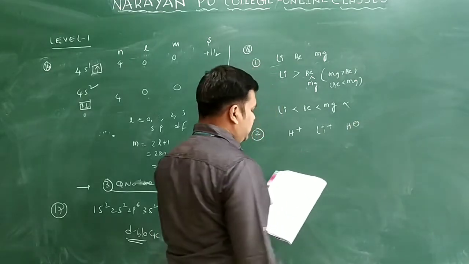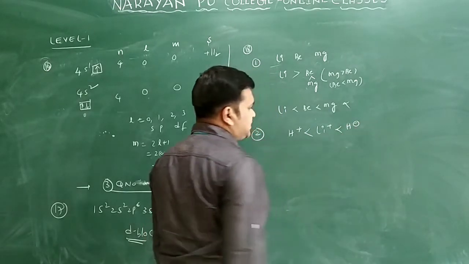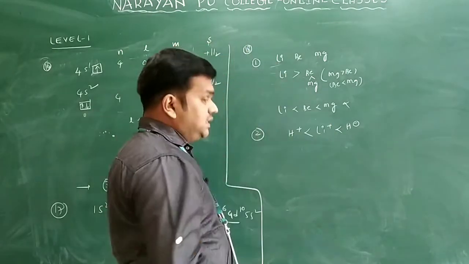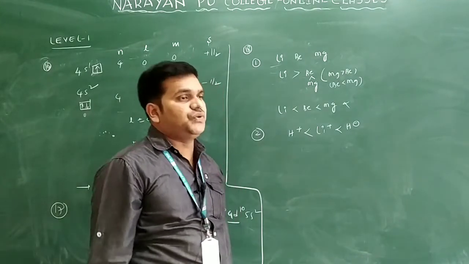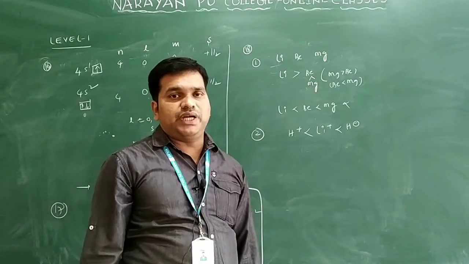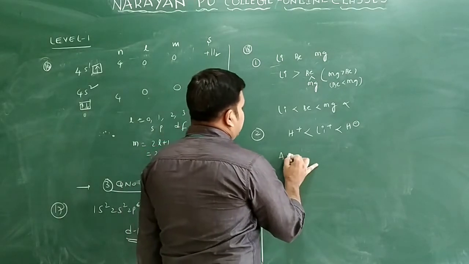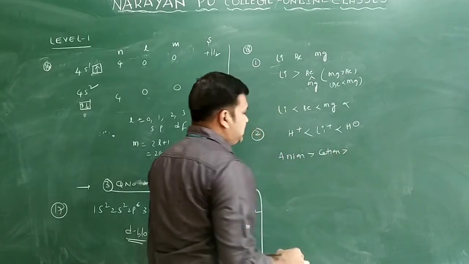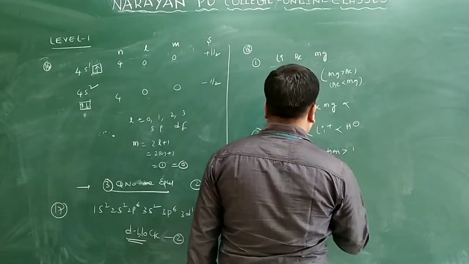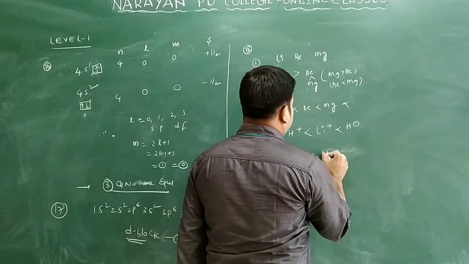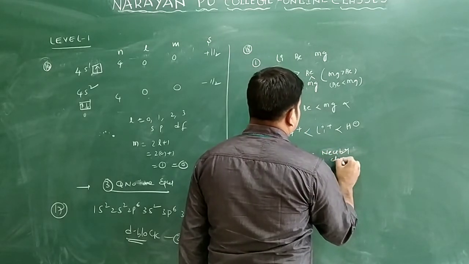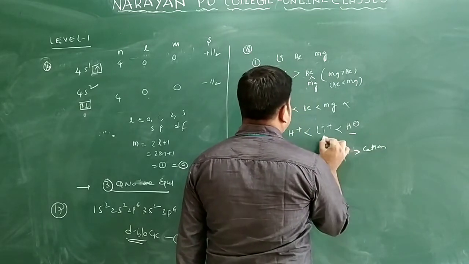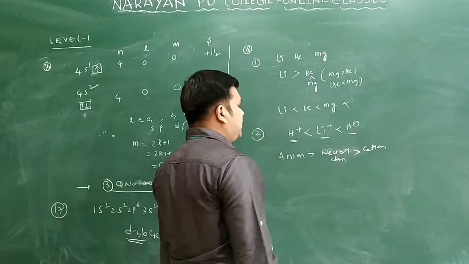So generally, the size of a cation, a neutral atom and an anion: anion is greater than the neutral atom, and the neutral atom is greater than the cation. Come to this one: H minus is there, Li plus is there, and H plus is there.